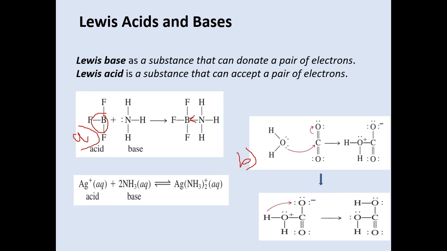Of course, afterwards the electrons will be rearranged to form a stable compound. But by definition, this carbon dioxide is an acid because it is taking a pair of electrons from water, and water is acting as a base here by donating one pair of electrons.